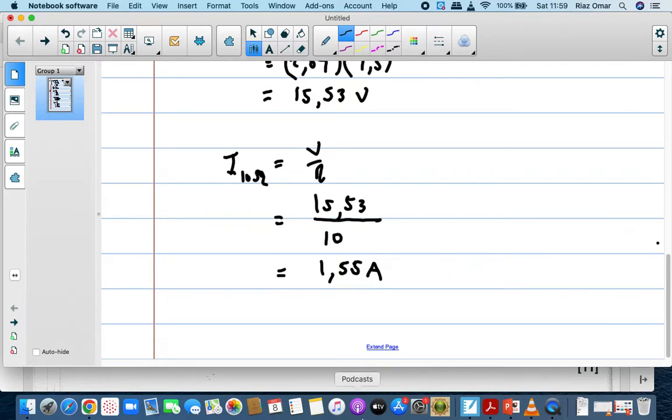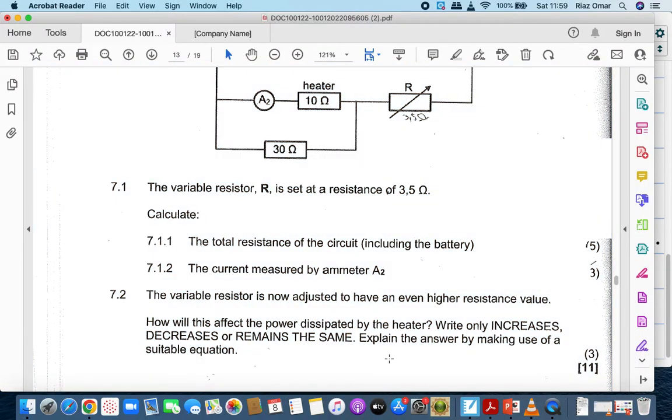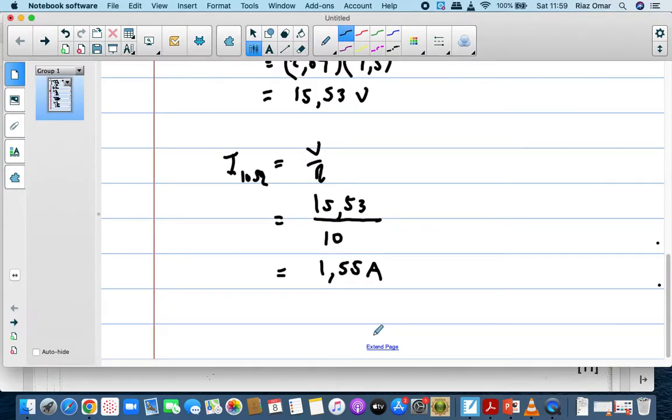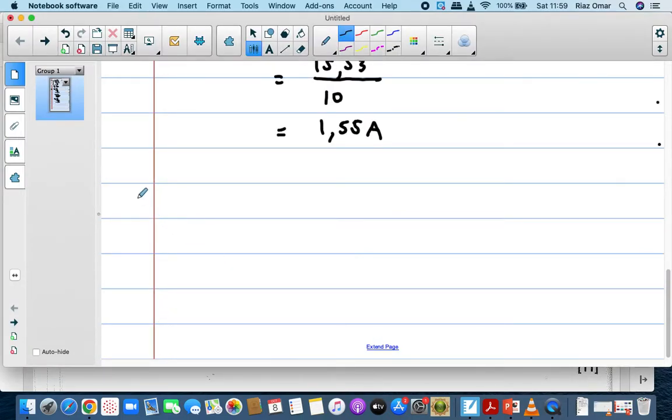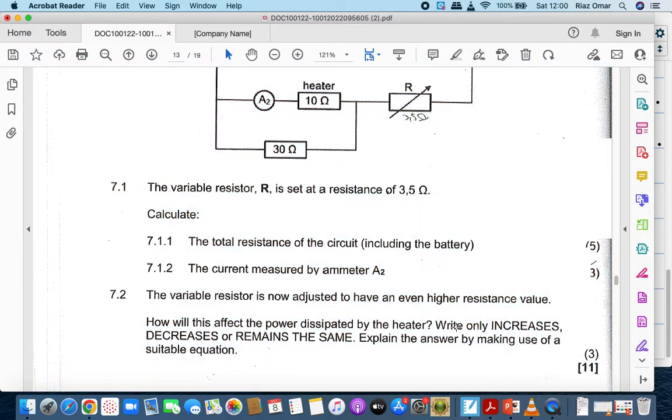So we can say, 7.2. If the resistance of the resistor, of R, I call it R, right?